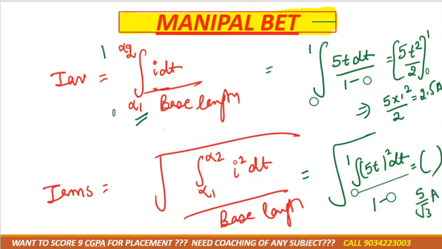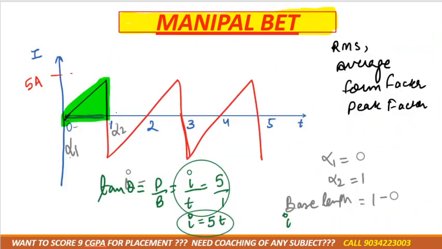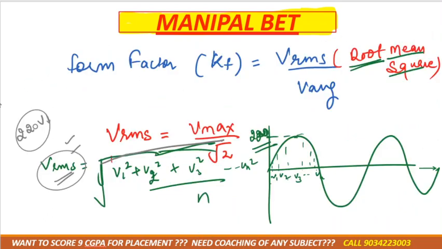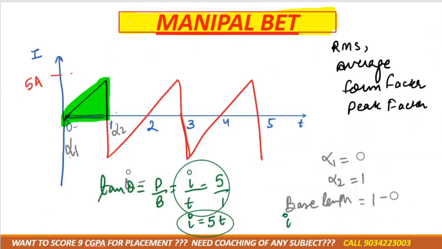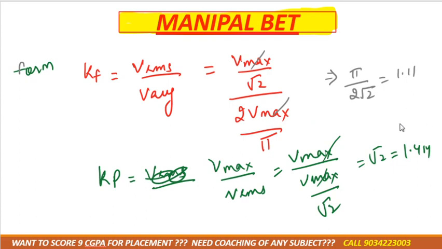Now if they ask you to calculate form factor, as you know the form factor value is RMS by average. We already calculated IRMS and I average. You can divide it, and on further division you will get the same value, that is 1.11. Again similarly you can calculate the peak factor. Understood this thing?